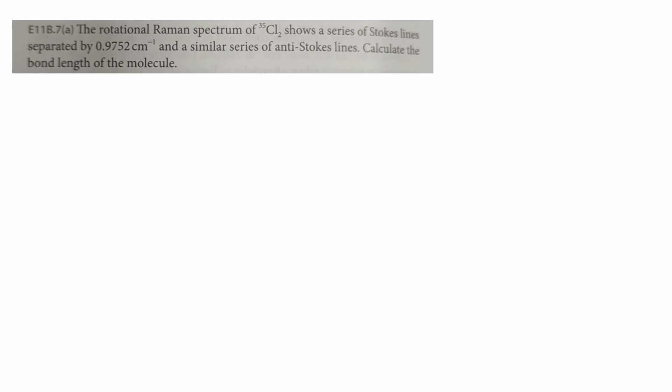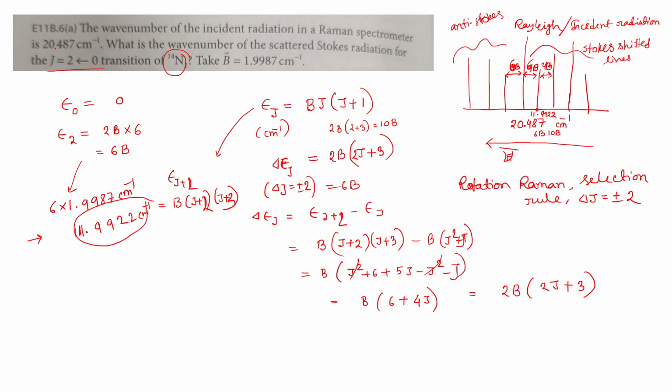So, see, for a homonuclear diatomic molecule, you won't be able to get the bond length from microwave spectra because it is microwave inactive, as its permanent dipole moment is 0. So from the rotational Raman spectra, you can see that your 4B is actually 0.9752, right? Just now you have seen that there will be a gap of 4B between each Stokes shifted line.